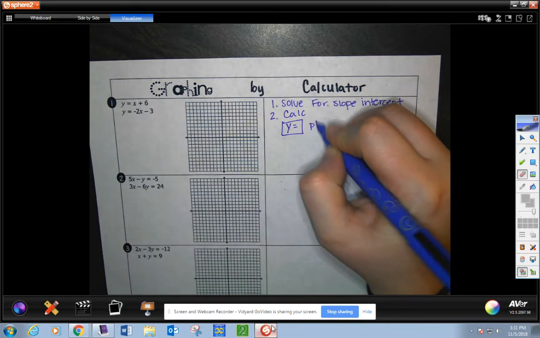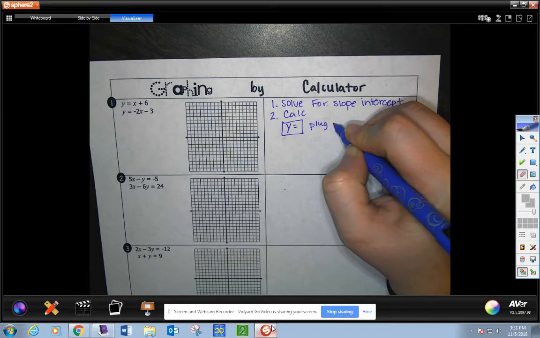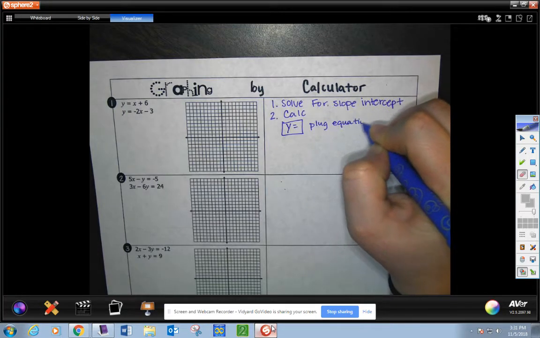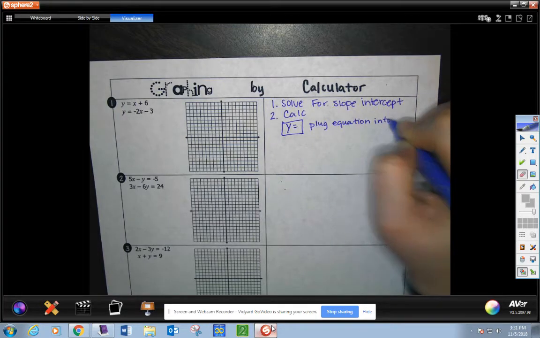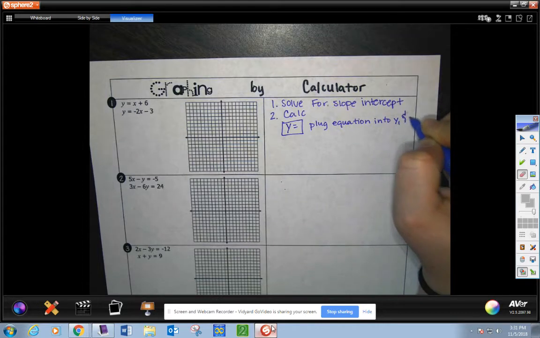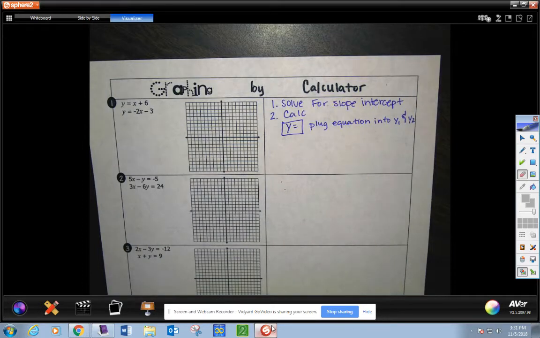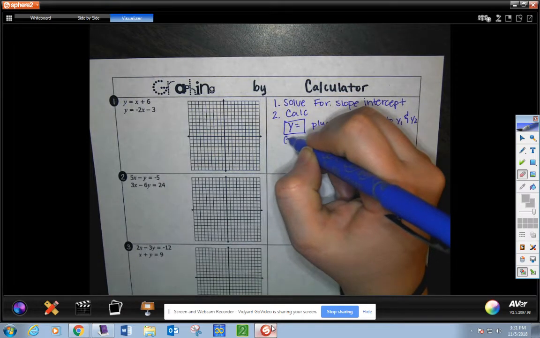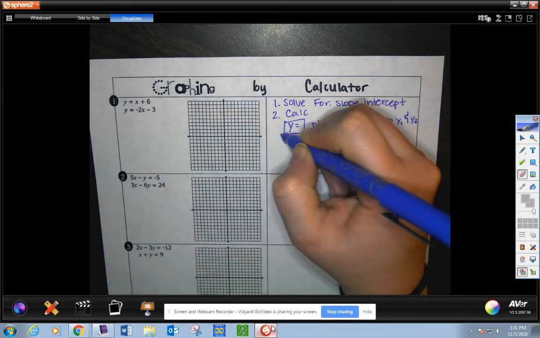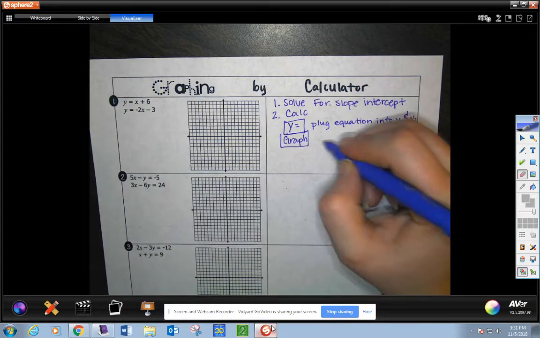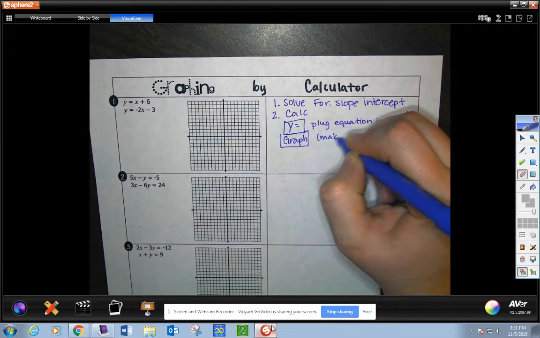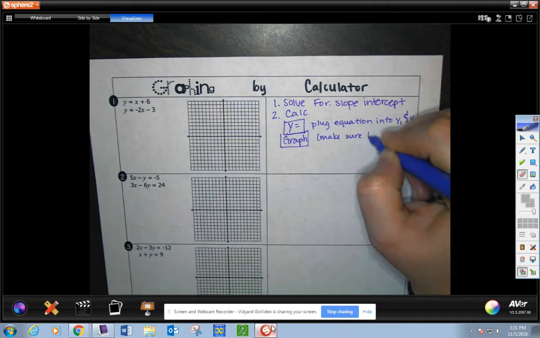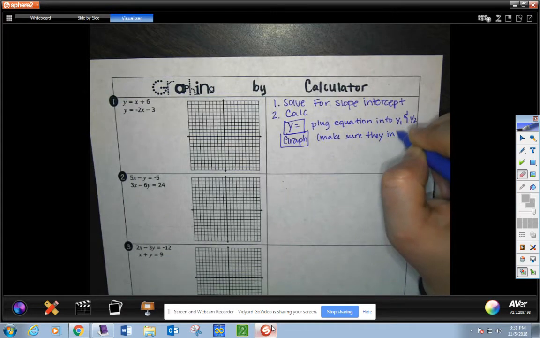Okay, you're going to plug your equations into y1 and y2. So it doesn't matter which one you put where, as long as you put both of them in. After that, you're going to hit graph. Okay, the reason you hit graph is because you're going to make sure they intersect.